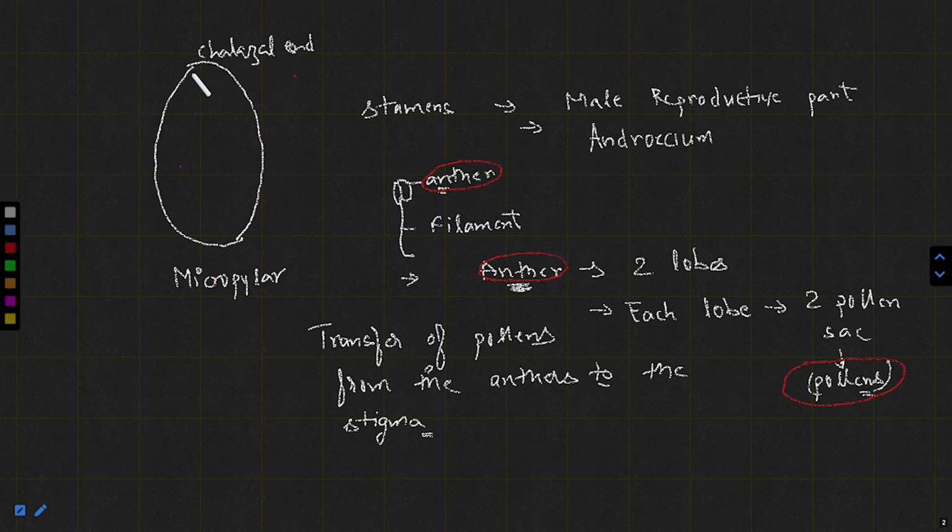At the chalazal end, antipodals are present. These 3 cells are the antipodal cells. Then we have the polar nuclei. And then at the micropylar end, there is one large egg cell, and then there are 2 synergids. So these are the antipodal cells.